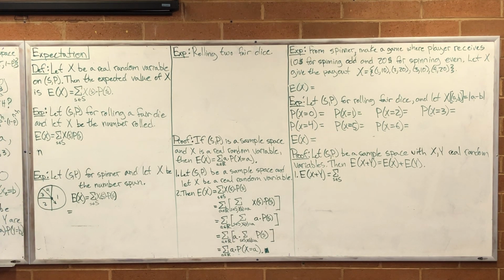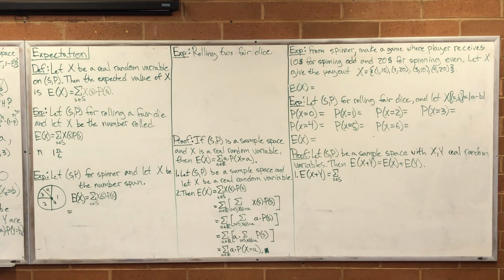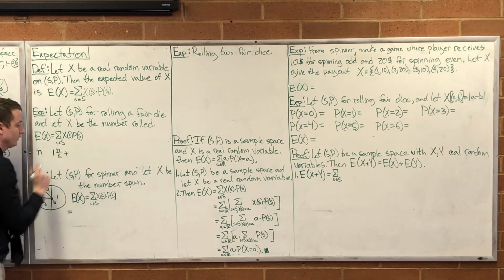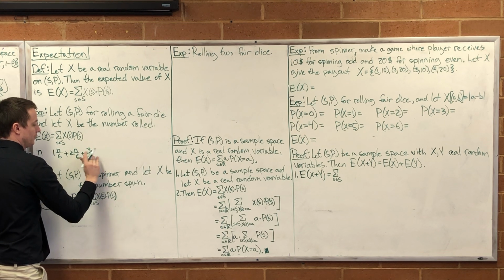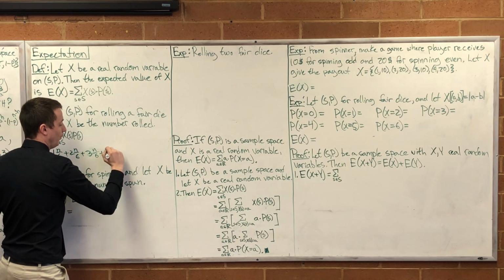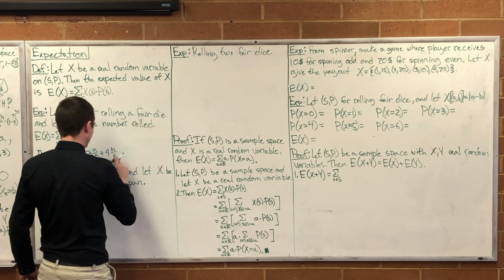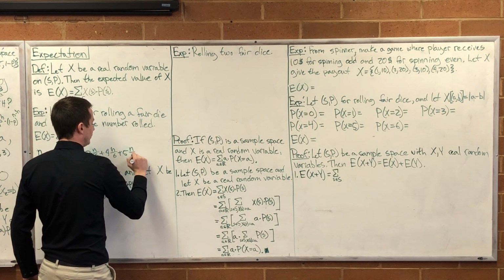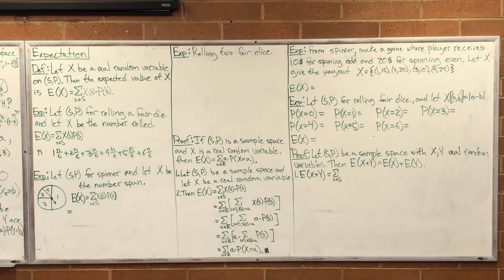I am going to get 1, 1/6 of the time, or n over 6 times, plus 2, n over 6 times, plus 3, n over 6 times, plus 4, n over 6 times, plus 5, n over 6 times, and then 6, n over 6 times, right? You good with that?